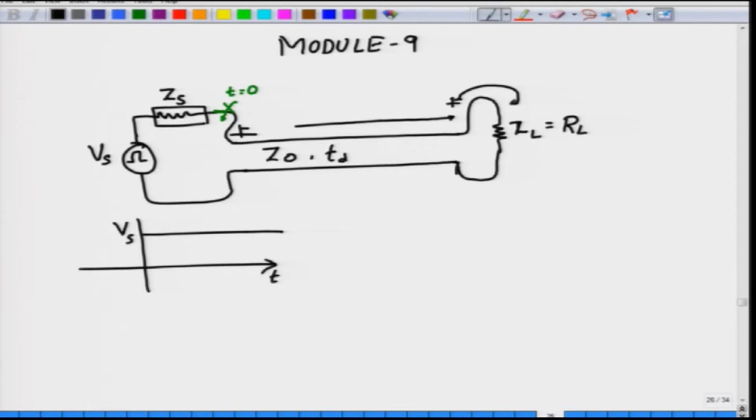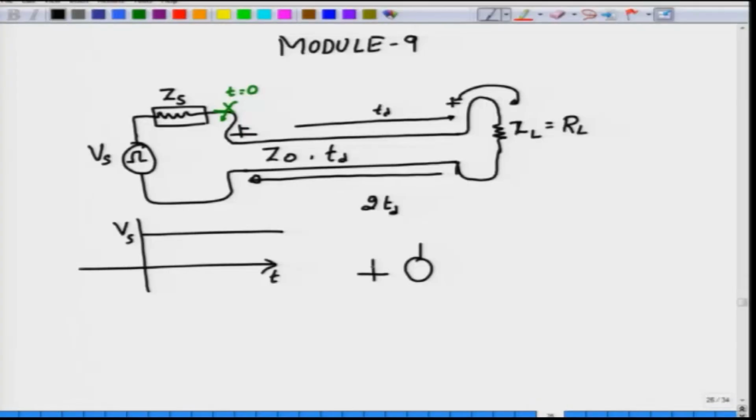And then when it starts to come back, because normally there will be some kind of reflection, any changes at the generator or source side will happen after 2 times the propagation delay, which is 2Td. So the immediate equivalent circuit that the source Vs and its internal resistance Zs sees will simply be something like this.